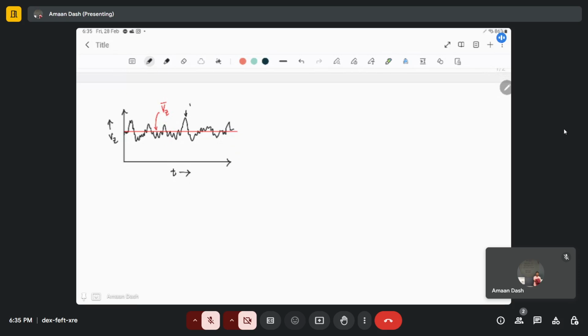And this is the actual velocity we know. So we have vz, which is a function of time, definitely. And we have vz bar, that is some time averaged velocity. Therefore, we can write that the velocity vz, which is a function of time, at any point, is equal to the value of the average velocity plus some fluctuating component, that is vz prime.